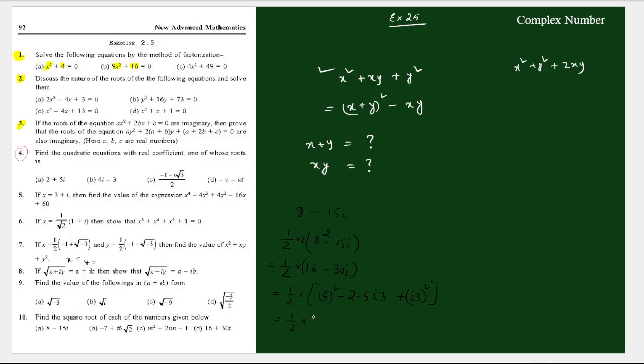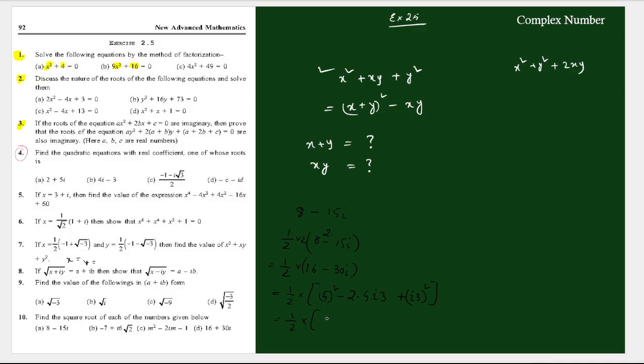So half into 25. Wait, I cannot write 25 here. So let's see, 5 square is 25 and then i square gives minus 3 square, which is 9, 25 minus 9 is 16, we are getting it.